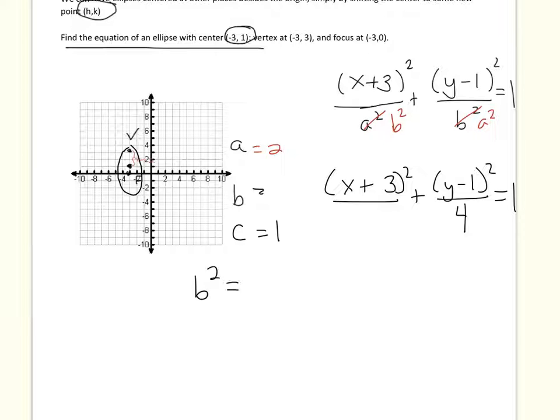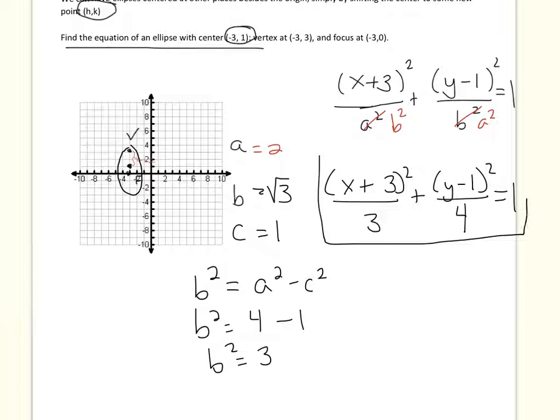So our b squared equals a squared minus c squared. So b squared is going to equal 4 minus 1. So b squared is going to equal 3. B is going to equal the square root of 3, but since we want b squared under here, it's actually 3, because if you square the square root of 3, you're back to 3. So there's our equation.